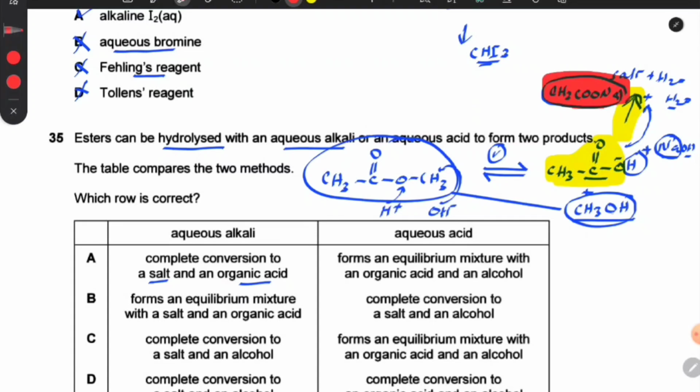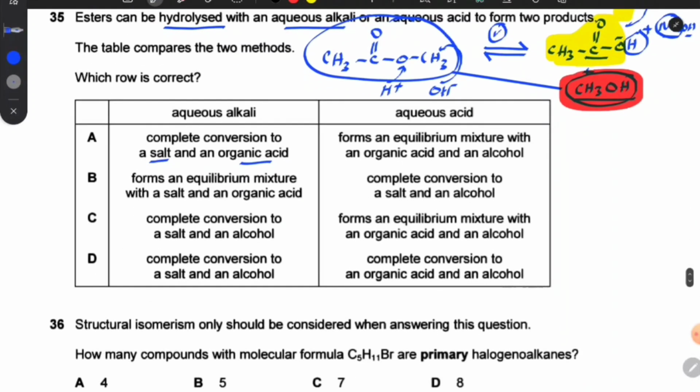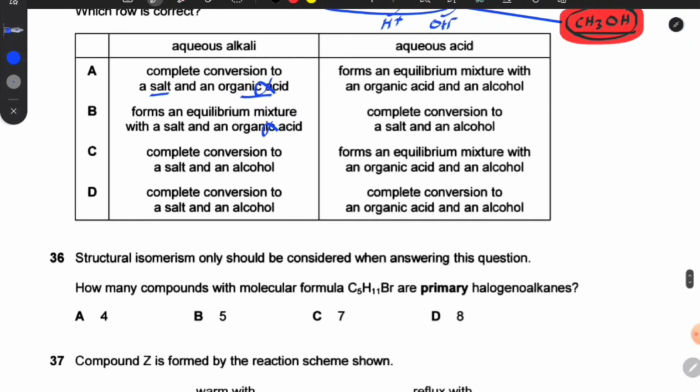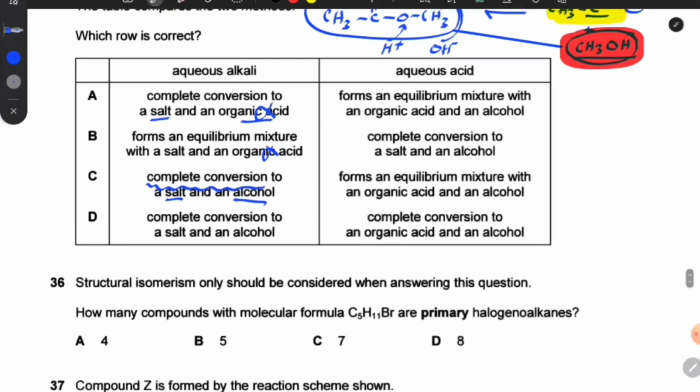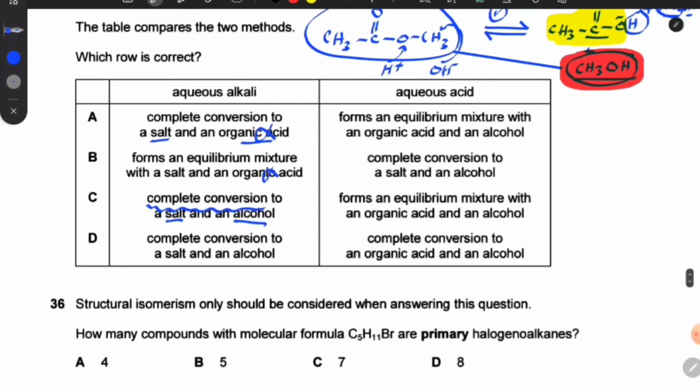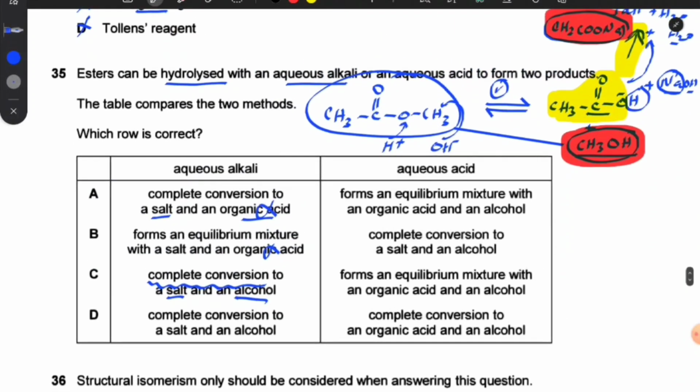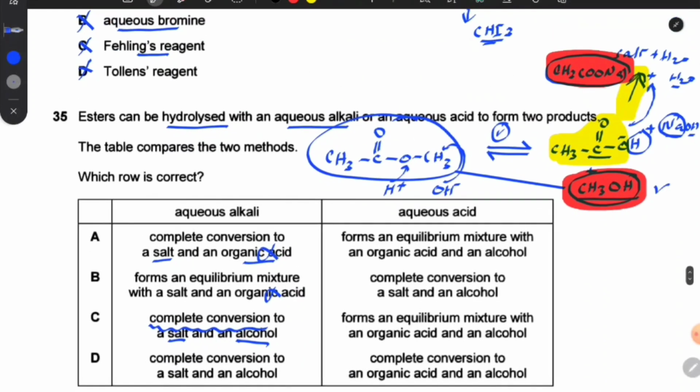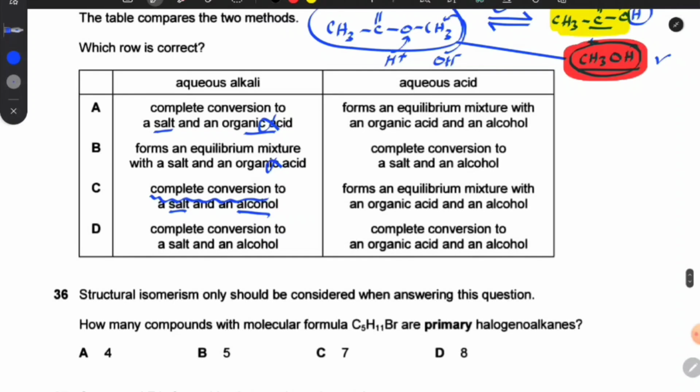One is salt and the other one is our alcohol. So we must have an alcohol in our product. So this is alcohol, and also we are getting a salt, and this is a complete conversion. It is not a reversible reaction. So aqueous alkali will hydrolyze our ester to give us alcohol and salt, and it is an irreversible reaction. So this statement is correct.